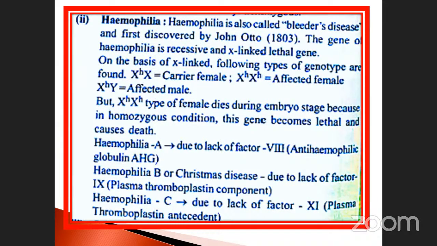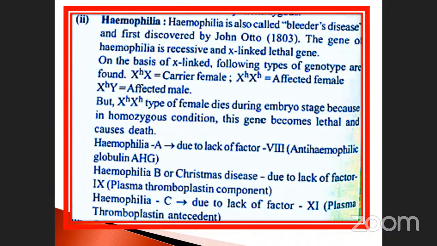Sometimes they may ask which factor is the Christmas factor. It is the 9th factor of the blood clotting mechanism. The 9th factor is the Christmas factor; due to the lack of this Christmas factor, it is called hemophilia B type. Okay.